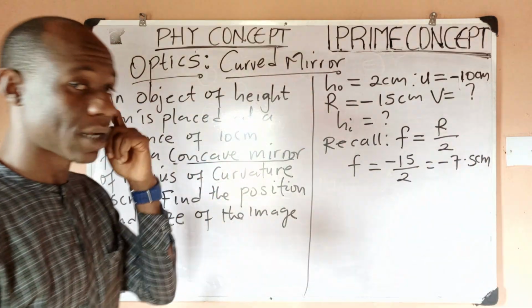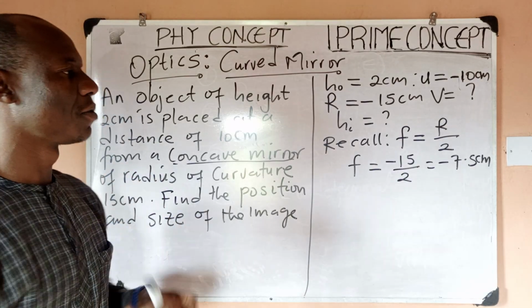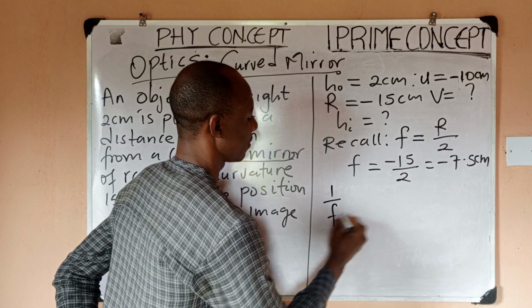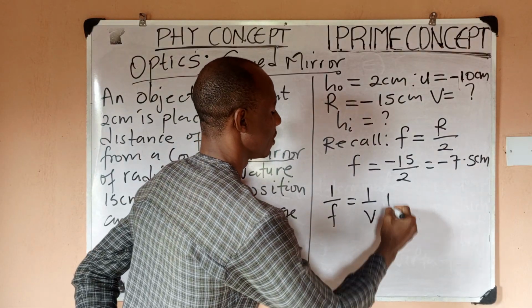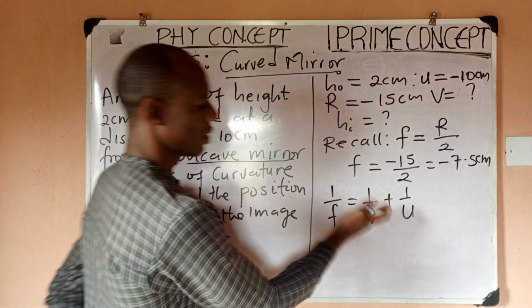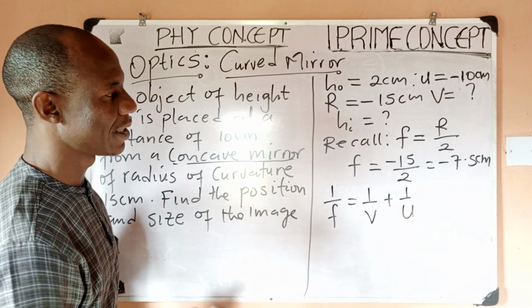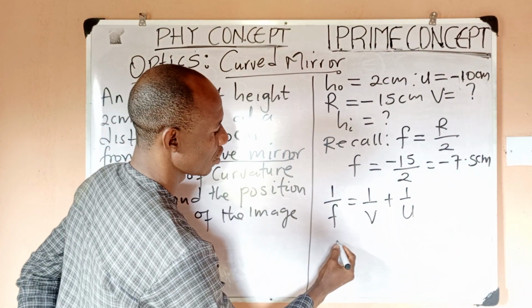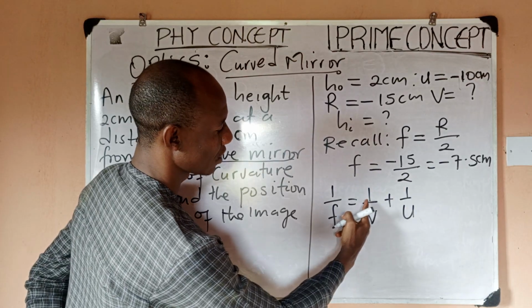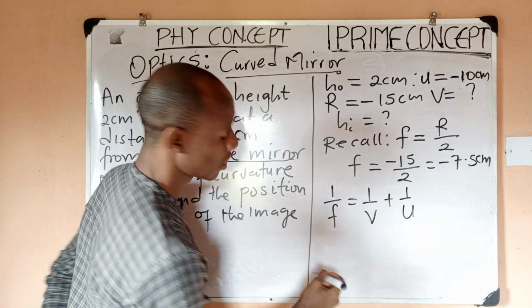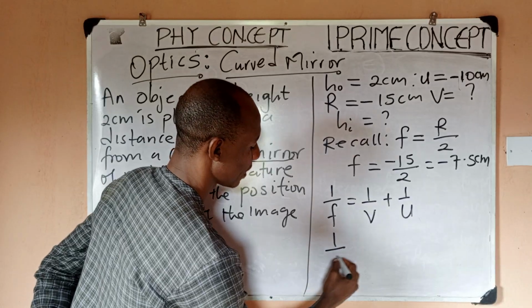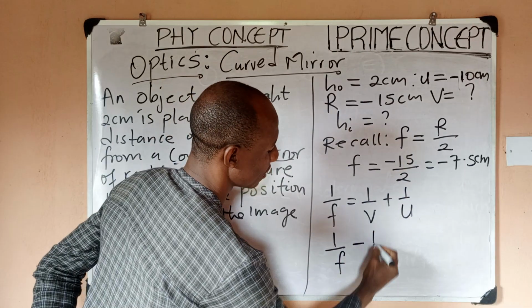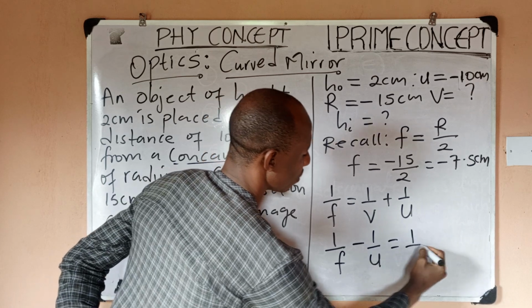Since I know my focal length, I can apply the mirror formula: 1 by F equals 1 by V plus 1 by U. I'm trying to find image distance, so let me make 1 by V the subject. When 1 by U crosses to this side, it becomes minus 1 by U.